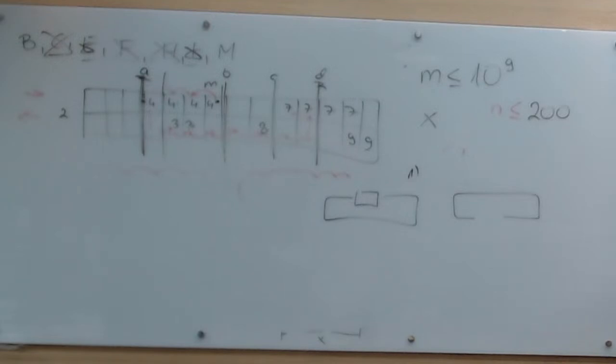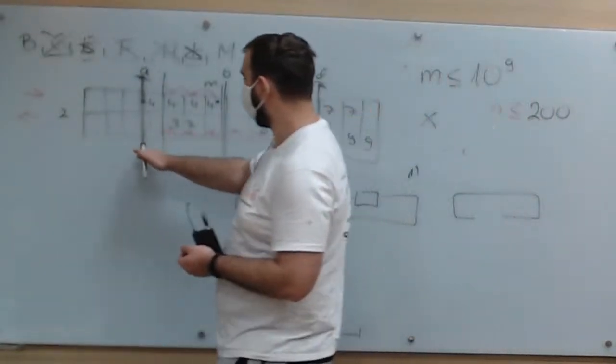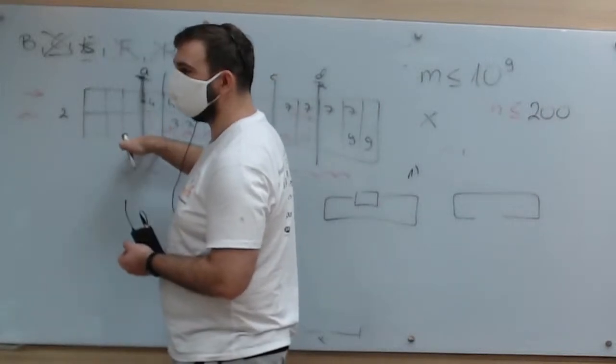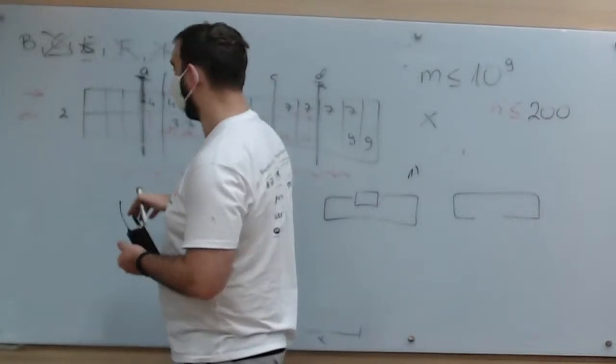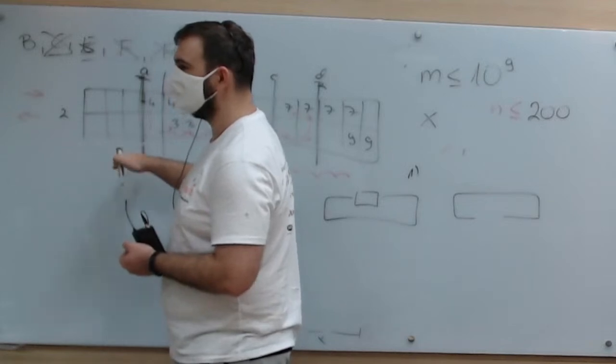If not, reverse the array and it will be. So we have n possible options to place A. So that is something.